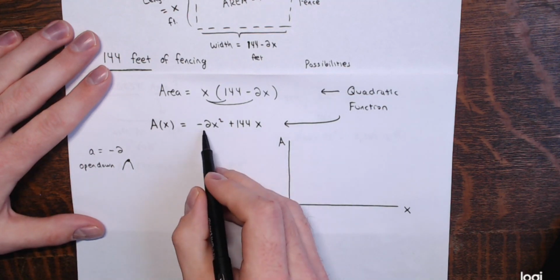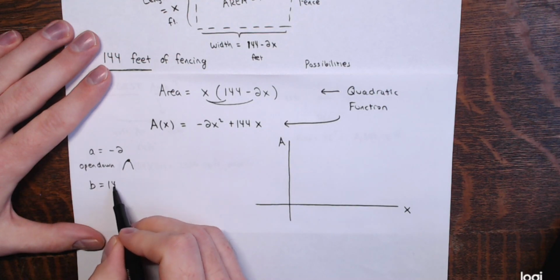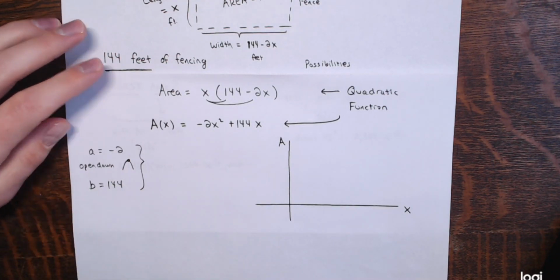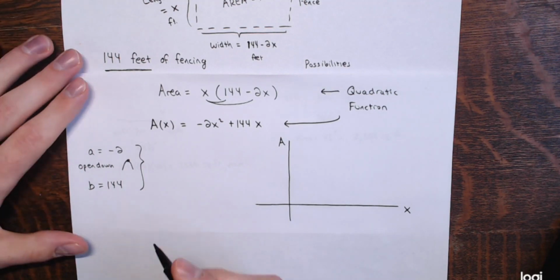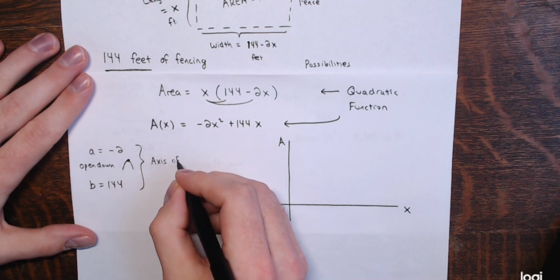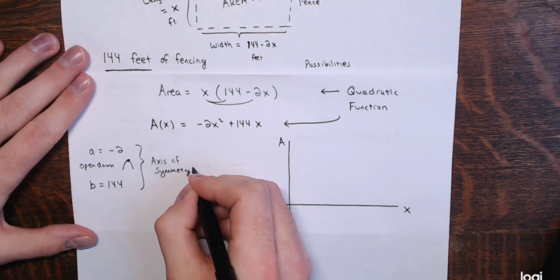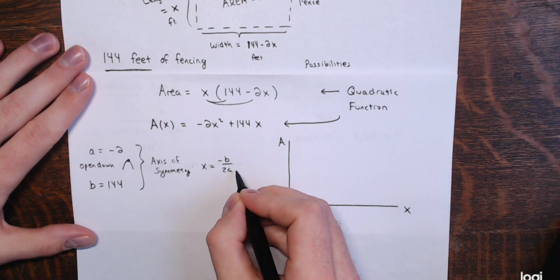So remember, ax squared plus bx plus c, the lowercase b is 144. And hopefully you remember from previous videos, section 5.1 part 1 and part 2, the axis of symmetry was x equals the opposite of b over 2a.